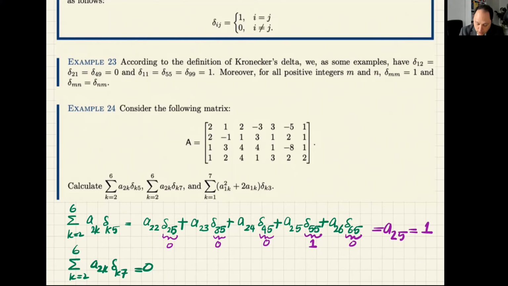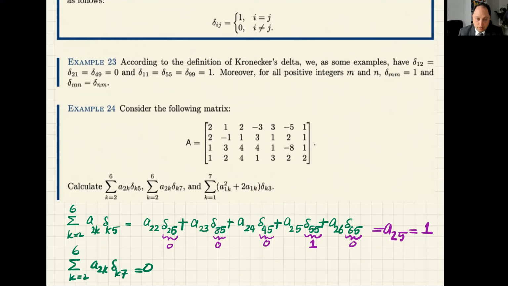Okay, now can you tell me what can happen here? You have a sigma here, k goes from 1 to 7, and then you have delta k 3. Is there any term that will survive in this sum? Please answer. Yes, corresponding to which value for k?